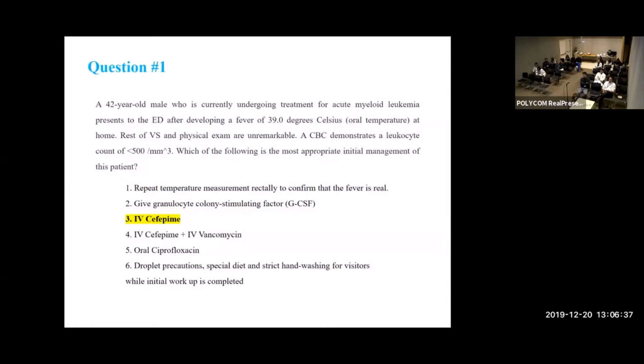And this patient did not have any high-risk features or colonization with MRSA or any indications for gram-positive coverage. And then we also learned that there's no role for granulocyte colony-stimulating factors. And oral ciprofloxacin, I think, is too soon to make that decision. And then we also know that we should avoid measuring the temperature rectally in these patients.